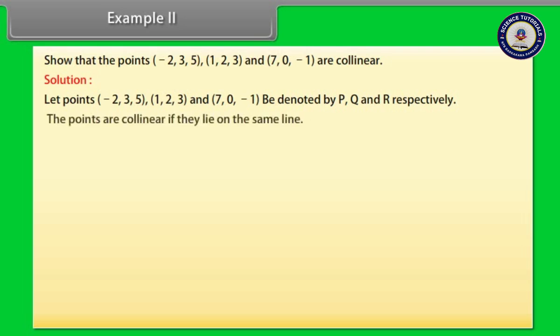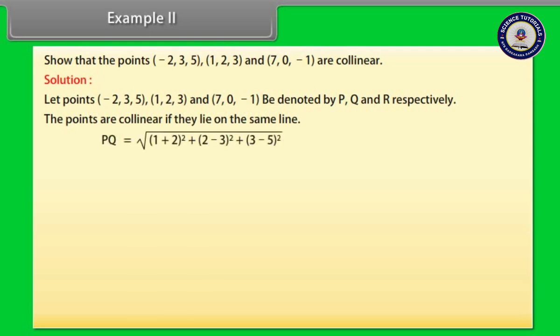The points are collinear if they lie on the same line. PQ is equal to the square root of (1 plus 2) squared plus (2 minus 3) squared plus (3 minus 5) squared. After calculating PQ, we get square root of 14.